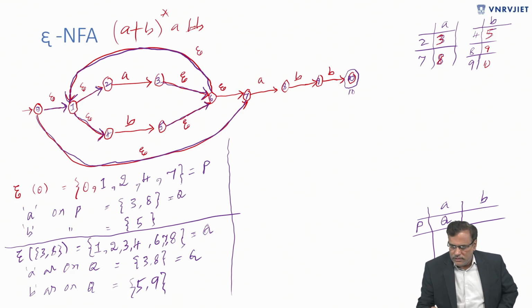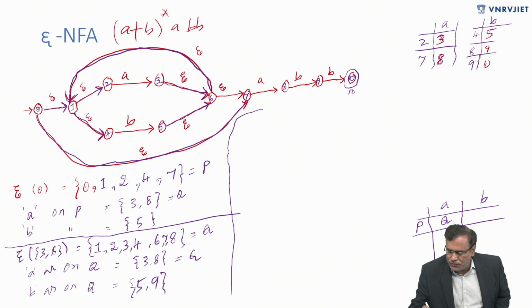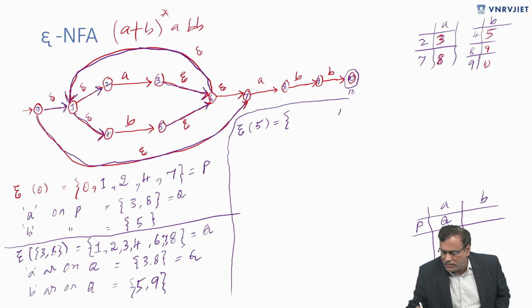Yeah. So, this 5 and 5, 9 are left. So, this time I am going to find the epsilon closure of 5. Now, can you tell me what do you know by say epsilon closure of 5? First 5 must be added, right? According to rule 1.